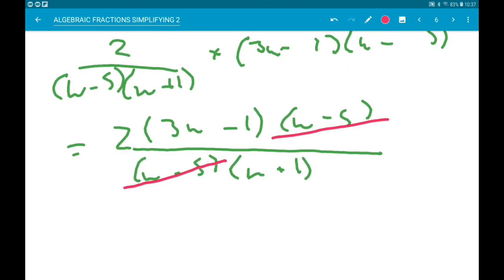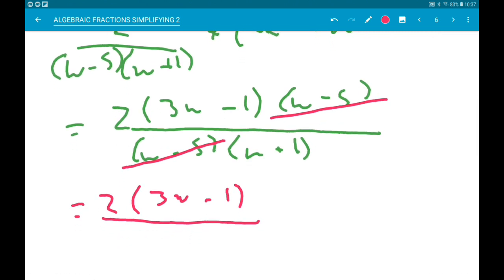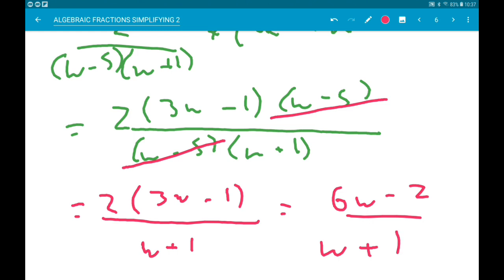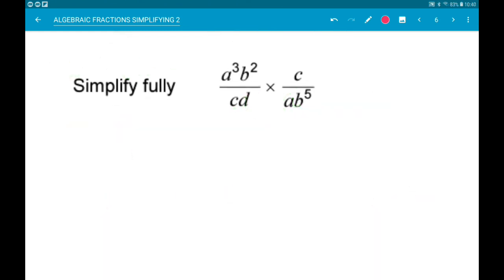So, we are left with 2 lots of (3w minus 1) over (w add 1). So finally we get (6w minus 2) over (w add 1).